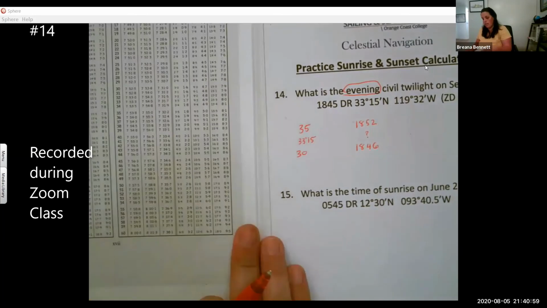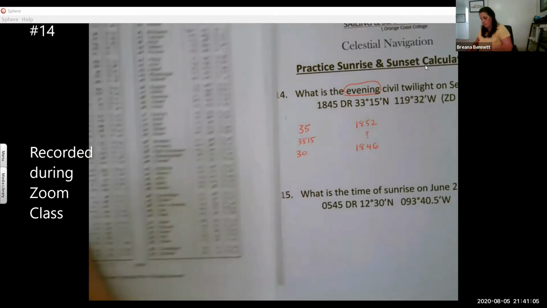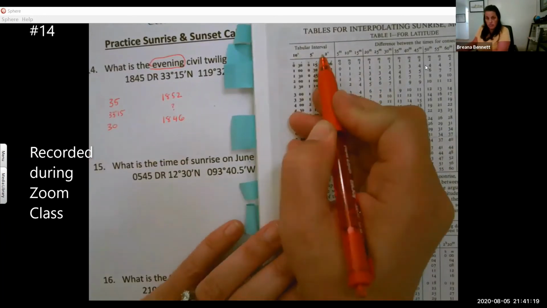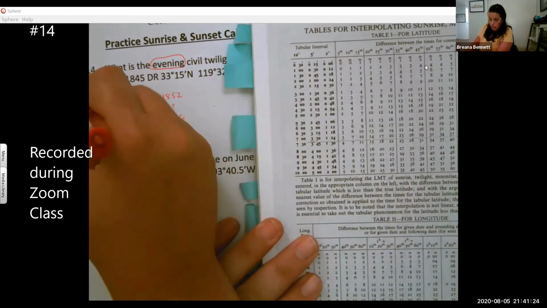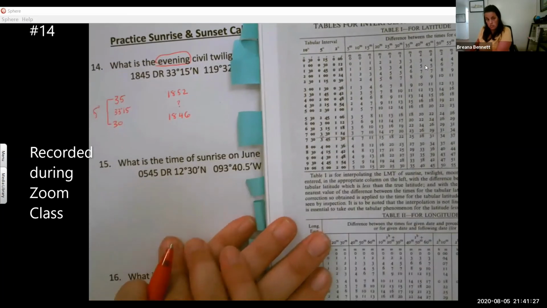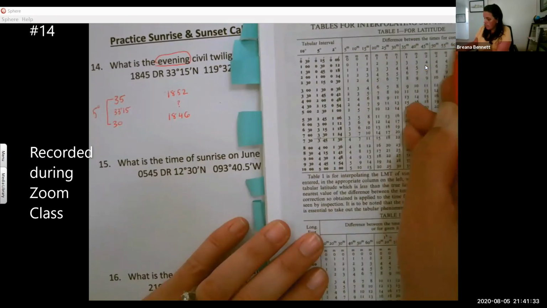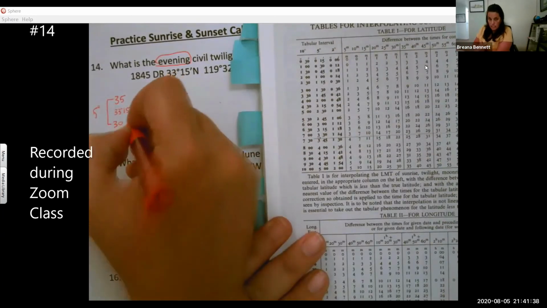Okay, so if I go to my latitude table page, maybe I'll put it like this. There we go. Have my times. So my tabular interval is going to be how this changed. So that's going to be my 5 degrees. And then my difference between times for consecutive latitudes.